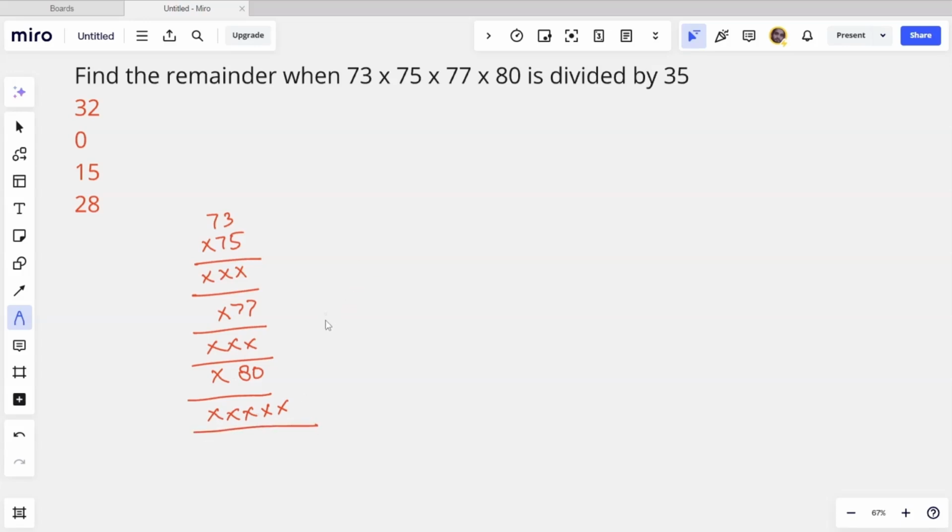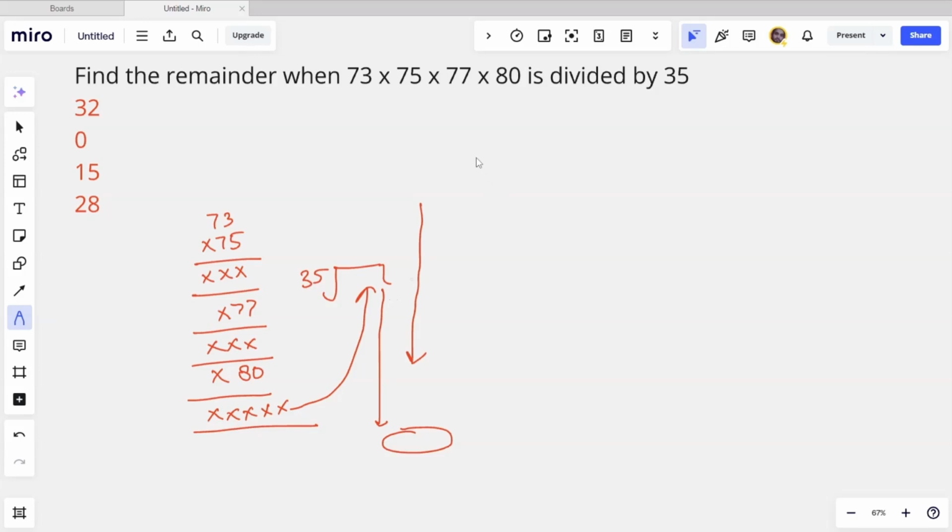After that we will divide this product by 35, and somewhere here we will get our answer, because we have to tell the remainder. This is the long way approach. This is the conventional math approach, and it will definitely take a lot of time, and we do not have enough time to do such things in the exam.